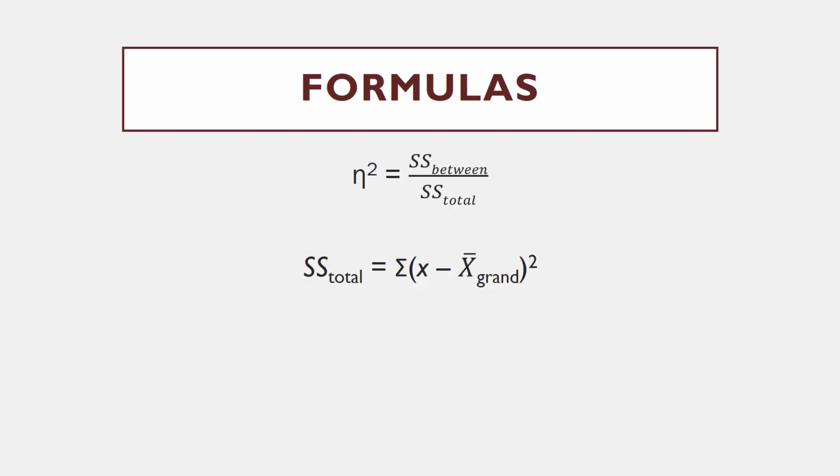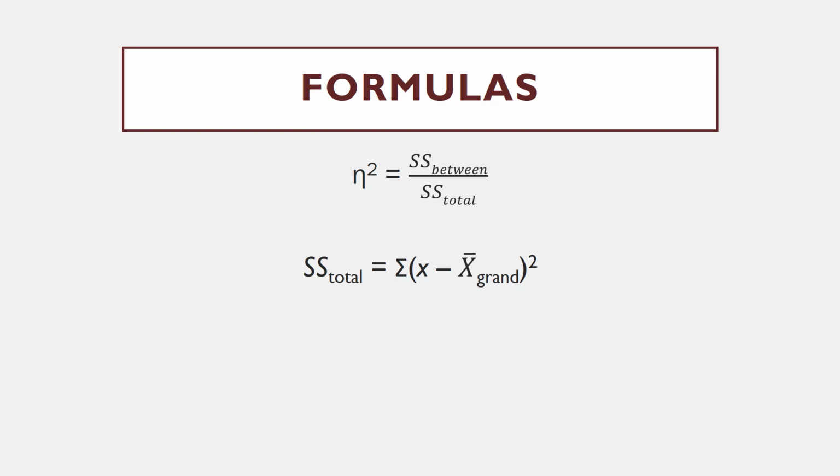We still need effect sizes because we can, just like with other things, inflate the significance by increasing the sample size. And eta squared is one of the commonly used measures. You can do a Cohen's d, and I think your book may cover that, but eta squared is another effect size measure that you can use for an ANOVA, and it's simply the sum of squares between divided by the sum of squares total.